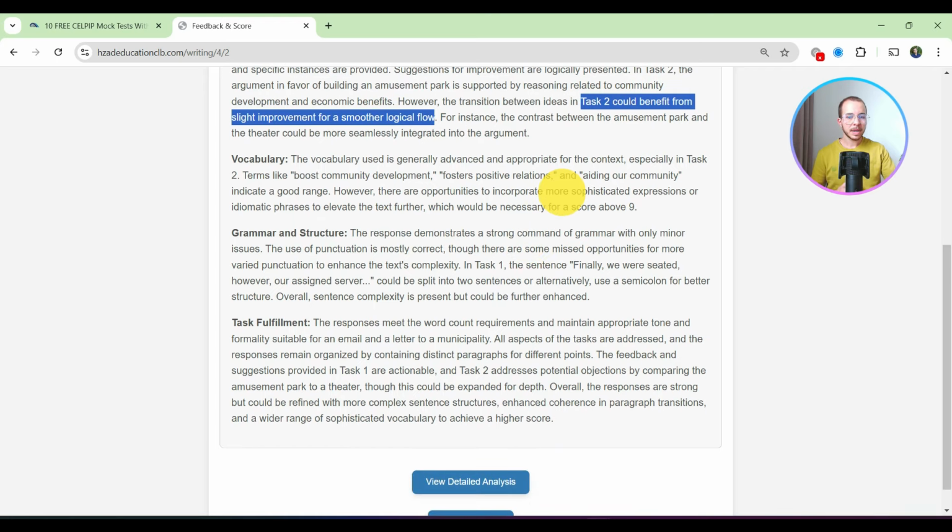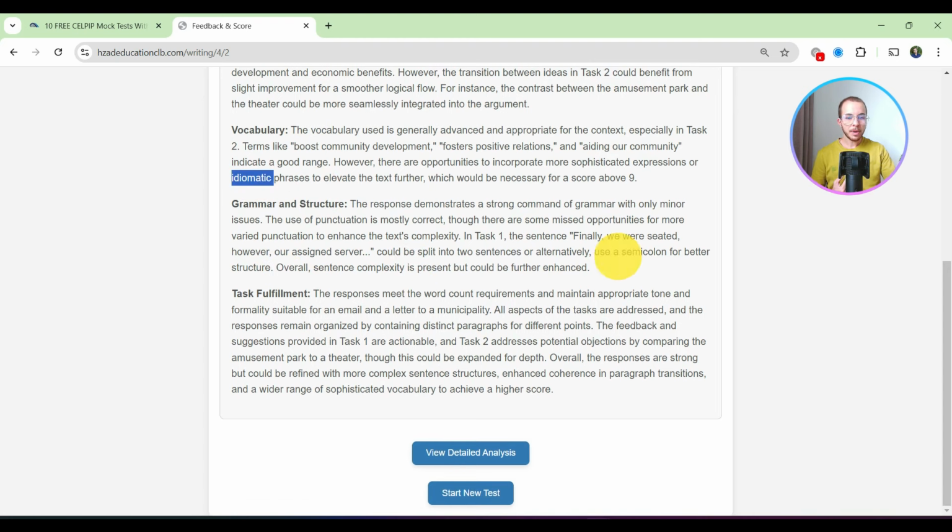Vocabulary, but I could incorporate more sophisticated vocabulary or idioms. Some grammar could be split into 2 sentences or use a semicolon. I didn't use any semicolons. And task fulfillment, they were addressed, though it could be expanded for depth.